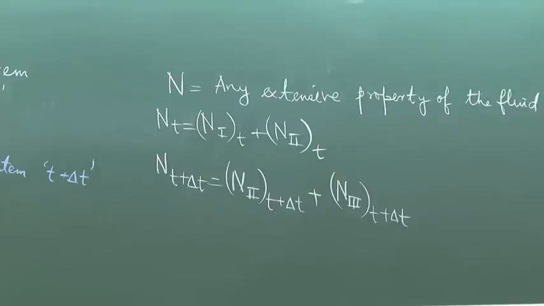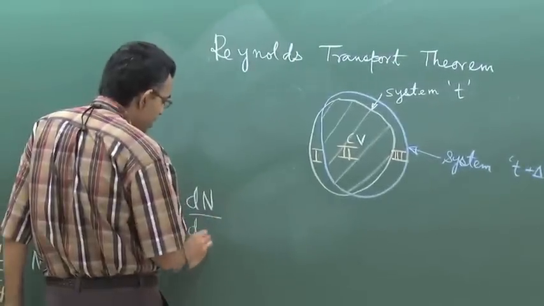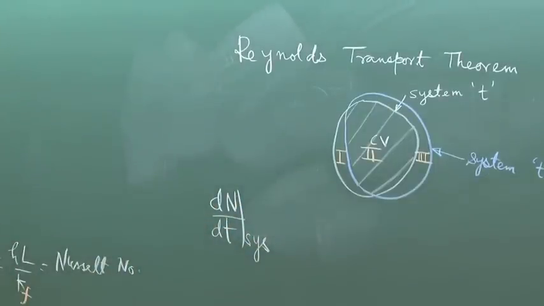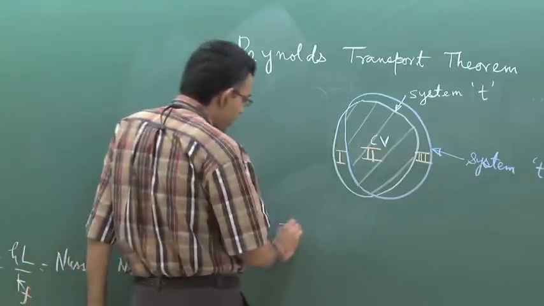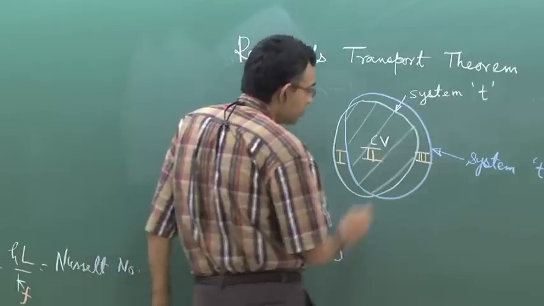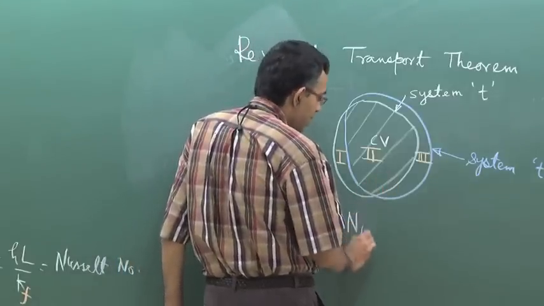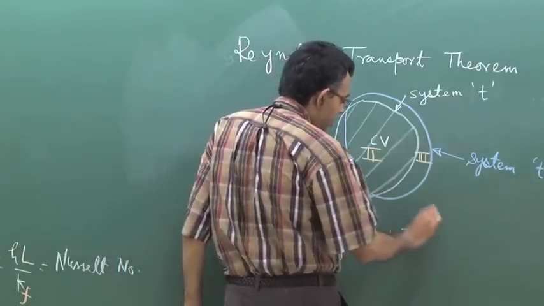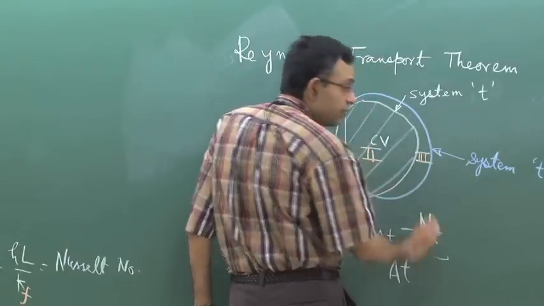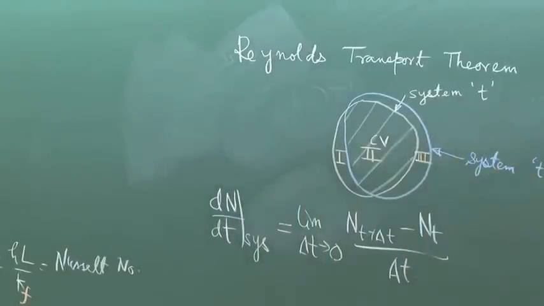This is very straightforward. So what we are interested in is to calculate dN/dt of the system. So by definition, this is the limit as delta t tends to 0 of N at t plus delta t minus N at t, divided by delta t.